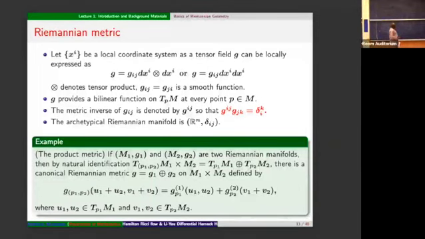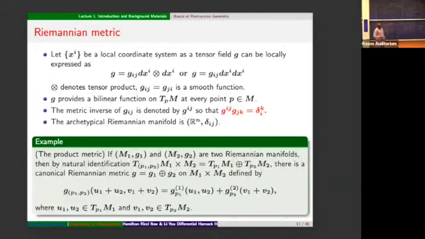You can write it just as this quantity, where this is a tensor product. Then G provides a bilinear function on the tangent plane. The inverse of G_ij is also denoted as this. This is the inverse of this metric.